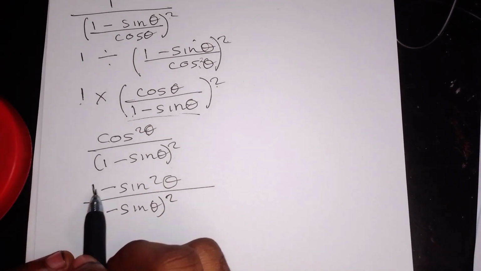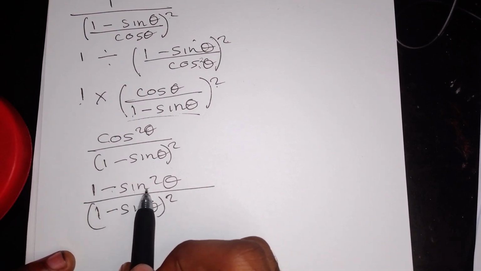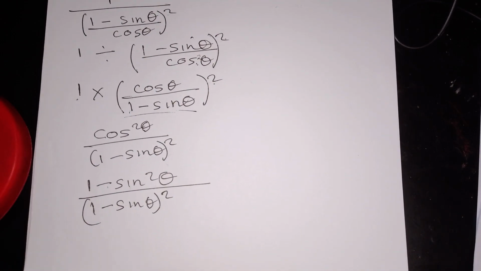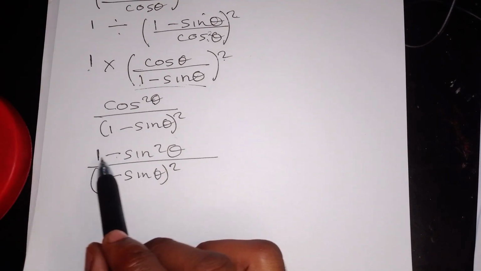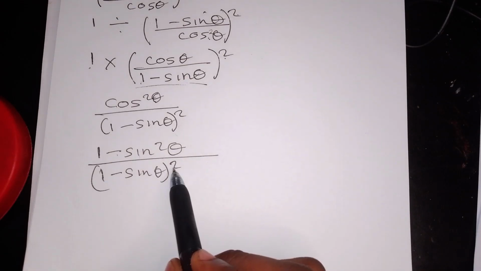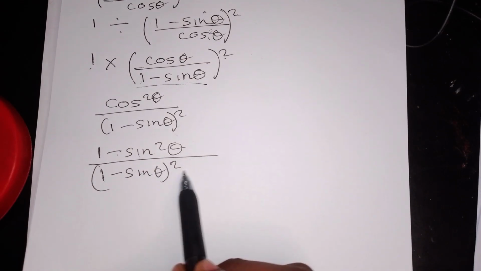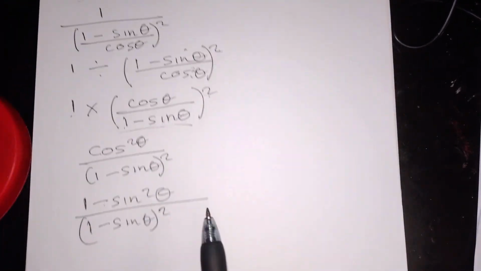So now we want 1 plus sine theta here, not 1 minus sine squared theta. So what you can do here is use the difference of two squares to factorize this, so that you have one part which will cancel out with one of these two, and then another part which will give you 1 plus sine theta.